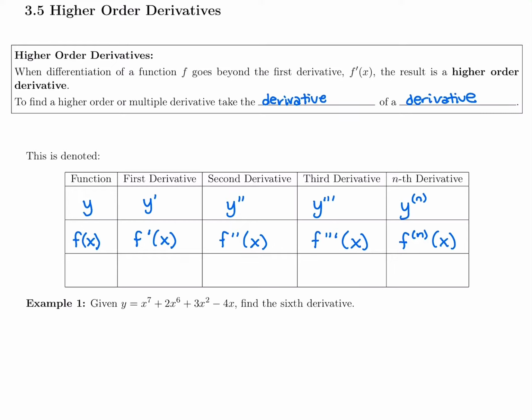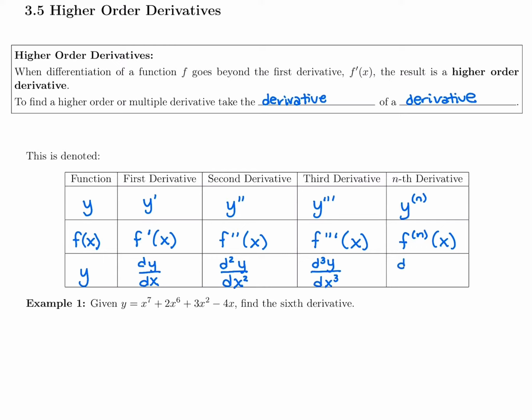Our last notation, which we're going to use in a couple sections: if we start with a y, the first derivative could be labeled dy dx, the derivative of y with respect to x. The second derivative would be the second derivative of y with respect to x twice. The third derivative would be the derivative 3 times of y with respect to x 3 times.